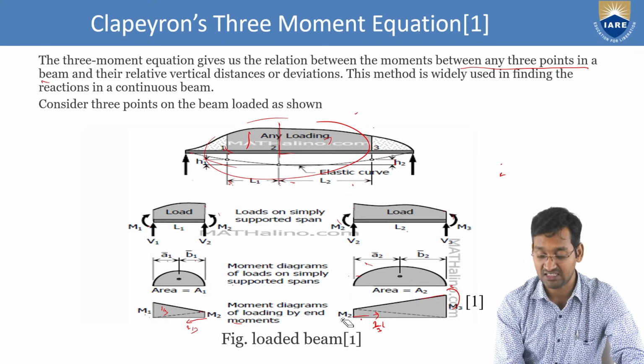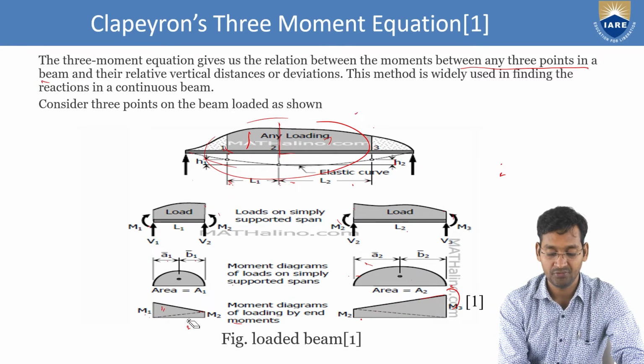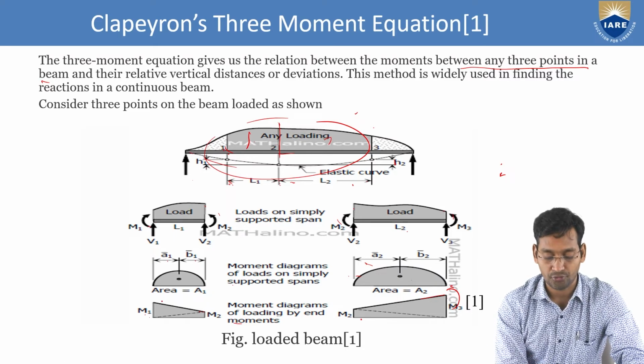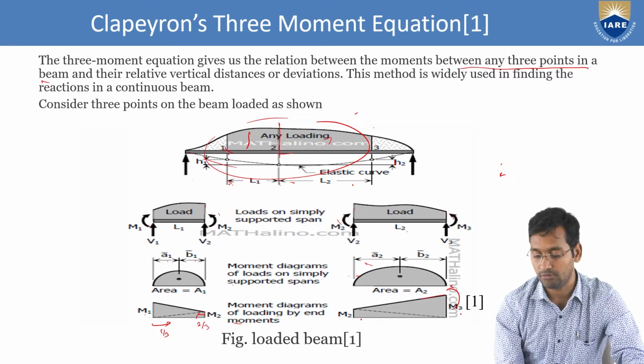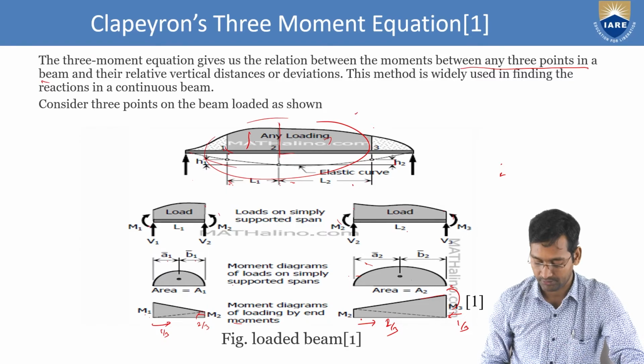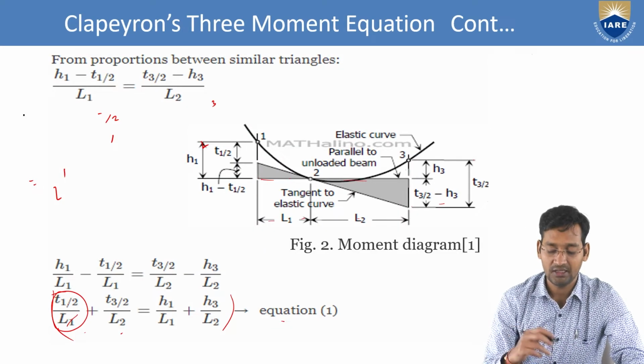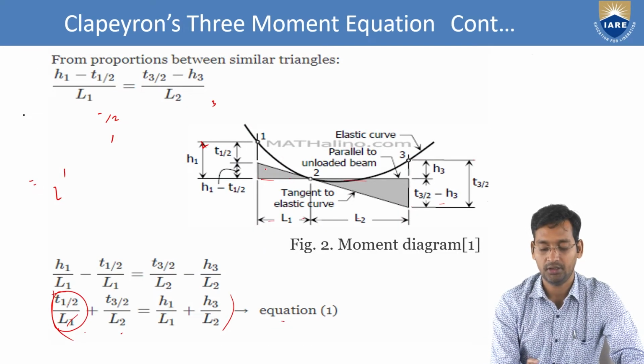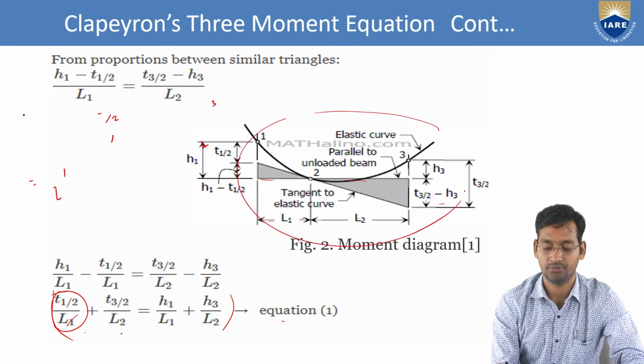And just here, this triangle, you have to remember where it's acting. So from this side, for M1, at 1 by 3, and for M2, 2 by 3. From here, for M3, 1 by 3, for M2, 2 by 3. At 2 by 3 distance it will act. Right? Now this is there. Here, this figure is important.